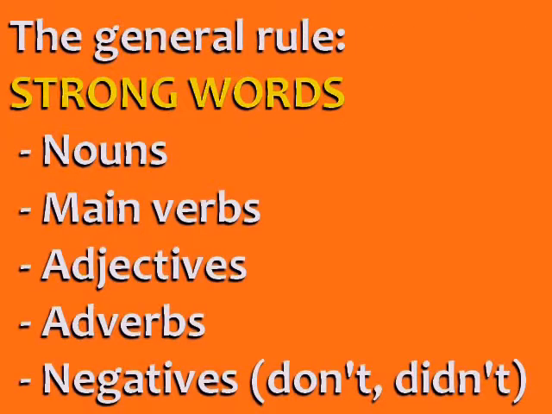This is the general rule for strong and weak words in English sentences. Strong words include nouns, main verbs, adjectives, adverbs, and negatives like don't, didn't, can't, won't, and never.